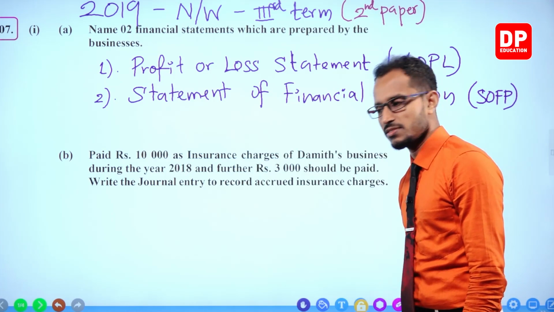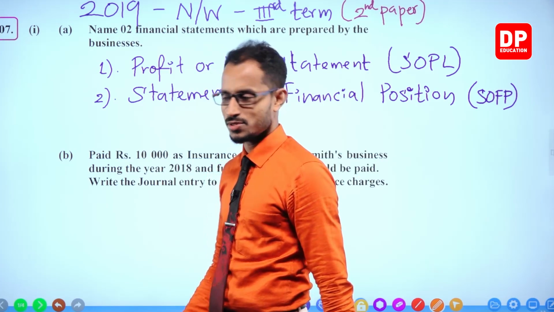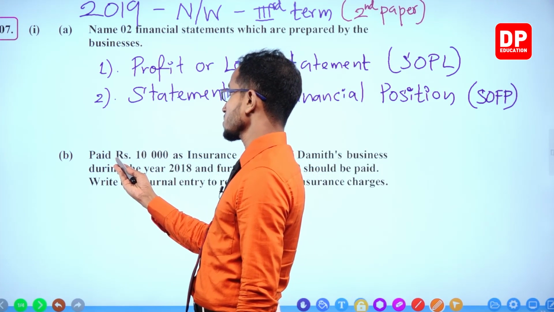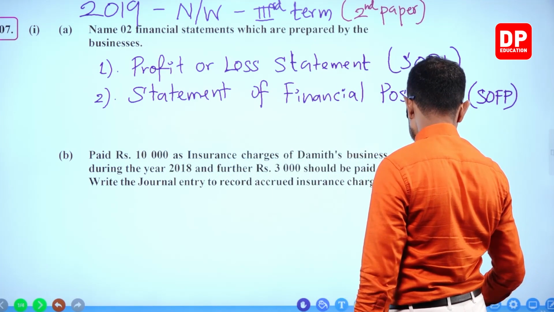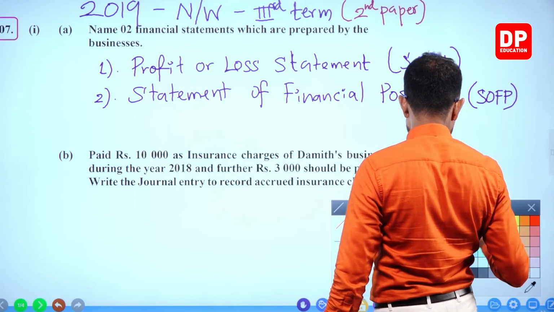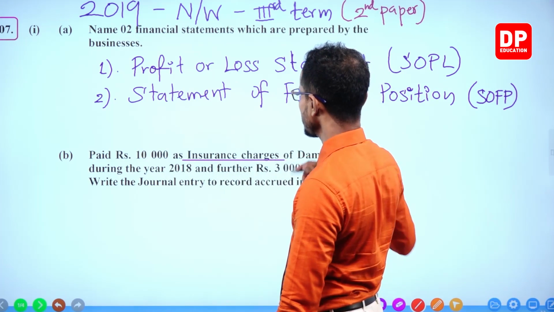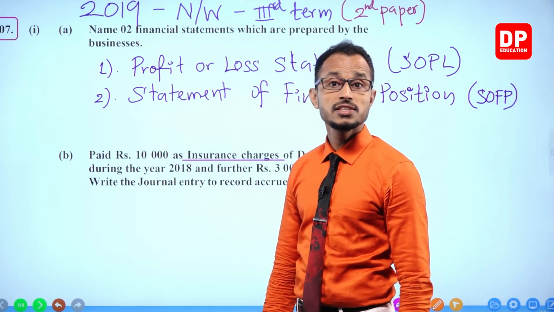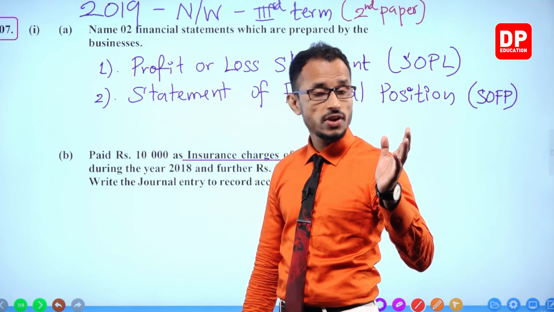It's an accrued expense. Here we have paid 10,000 as insurance charges. It is an expense, no? Of course, it is an expense. Insurance is an expense for any business.